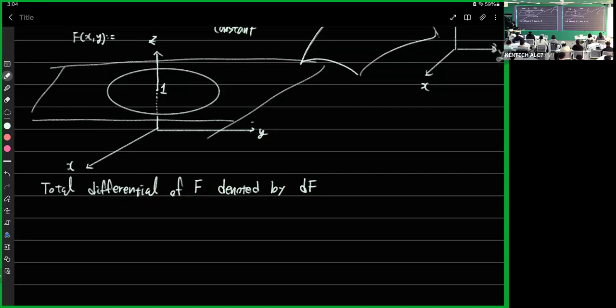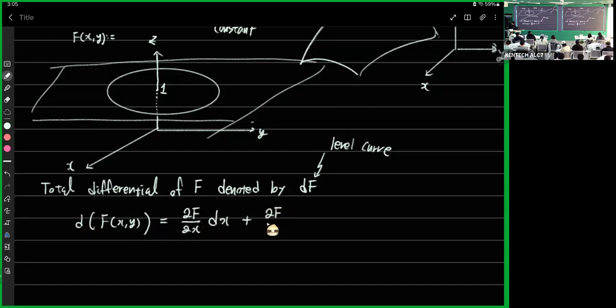Since f is the function of a level curve, the total differential df is equal to partial f partial x dx plus partial f partial y dy, equal to the derivative of c. But c is a constant, so the derivative of a constant is 0.